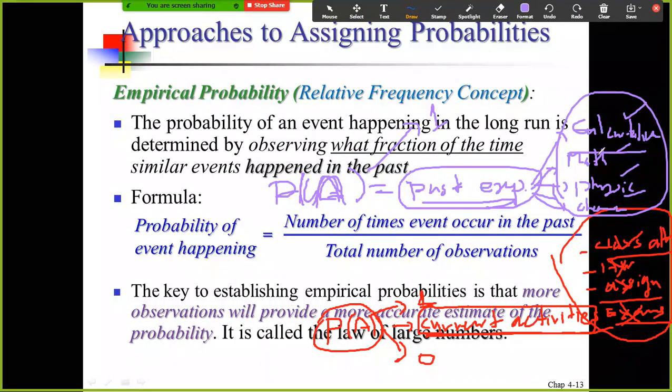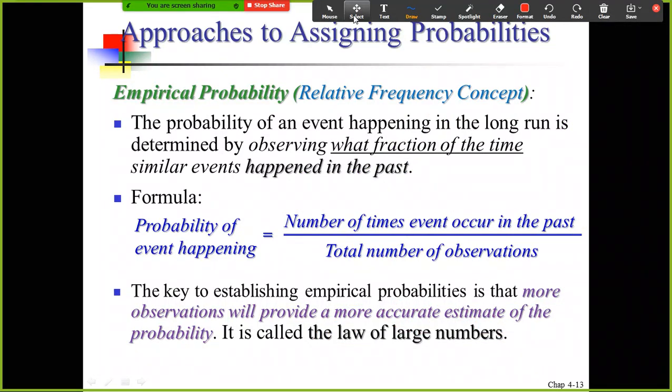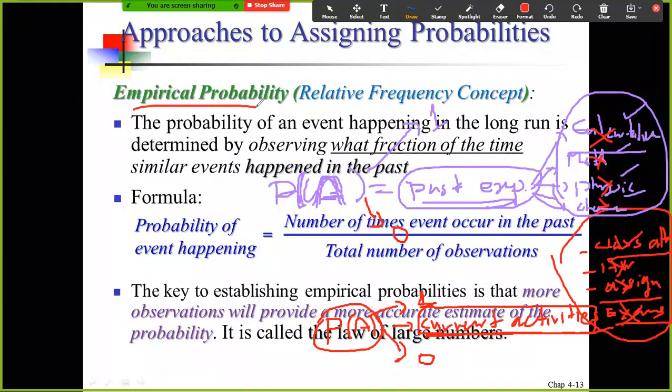If you were good at mathematics, physics, chemistry and other calculus courses in high school, your probability of getting an A will be closer to 1. But if you are poor at calculus courses in high school, your probability tends to be closer to 0. This is an example of empirical probability versus the other one, subjective probability.